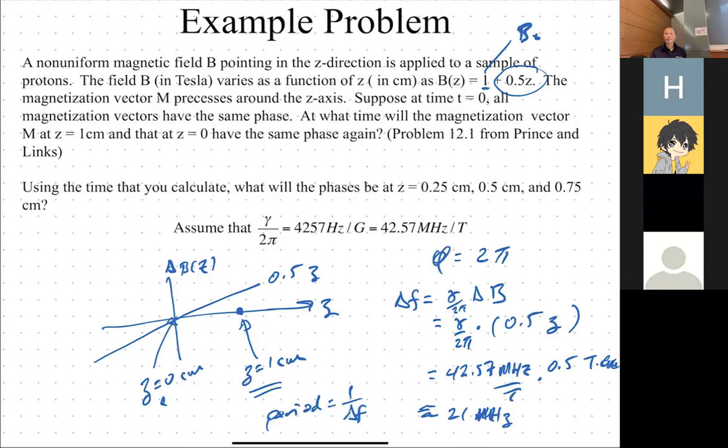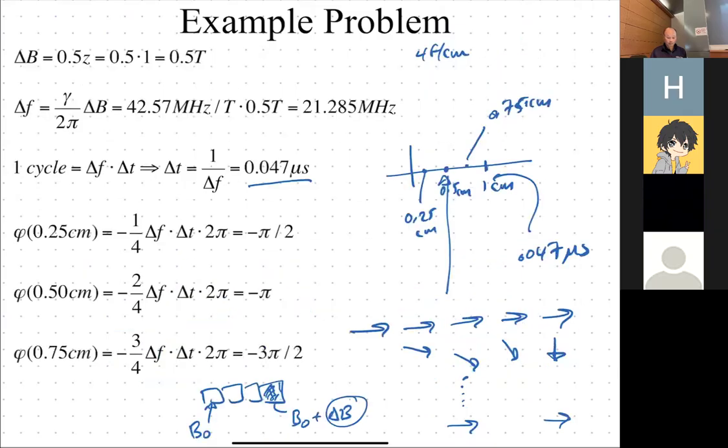Back to the previous question, where B naught is experienced here and B naught plus delta B is experienced over here, that's the difference in frequency. Yes, the delta B creates the difference. So delta F is just equal to gamma times delta B, or gamma over 2 pi.